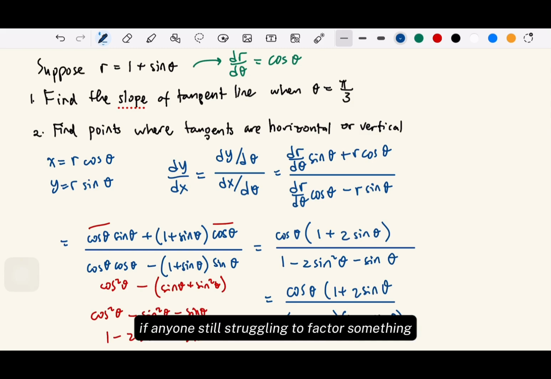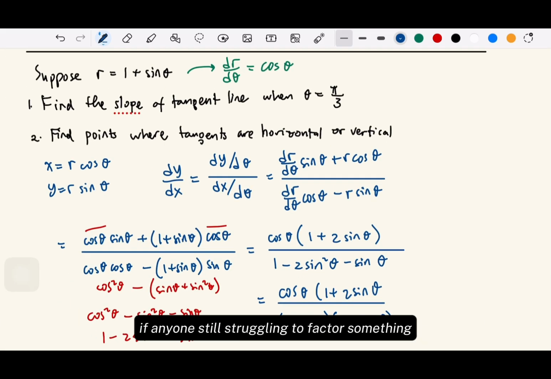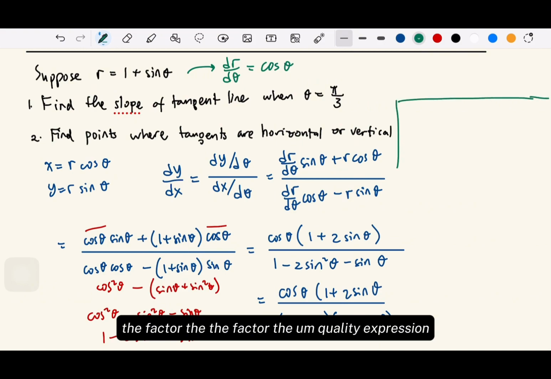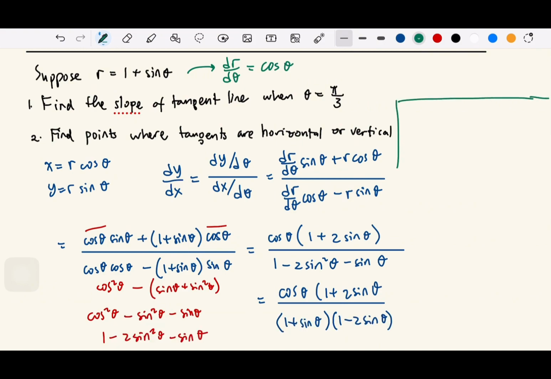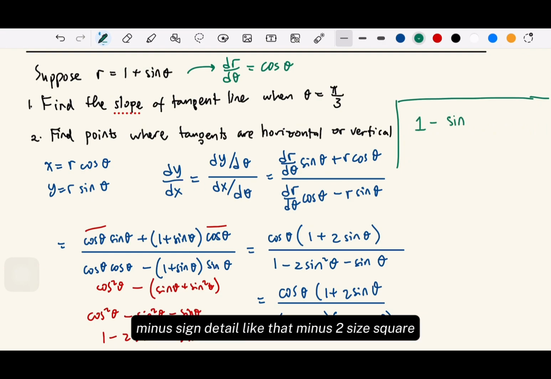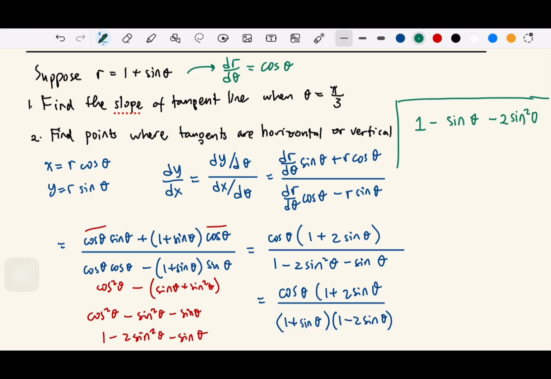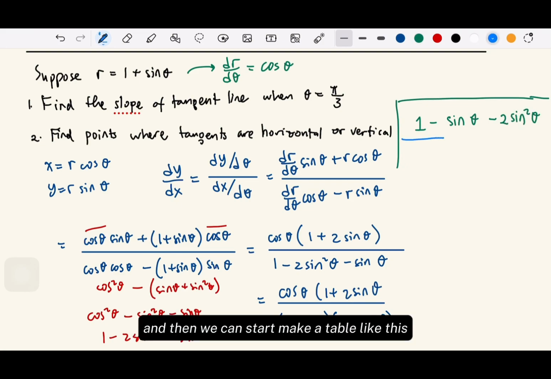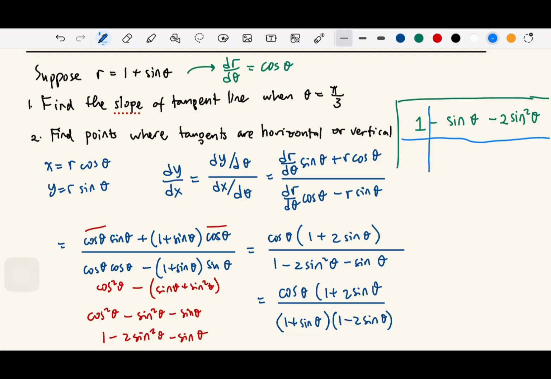Is anyone still struggling to factor the quadratic expression? Maybe we can write 1 minus sine theta like that, minus 2 sine squared theta. Okay. And then we can make a table like this.